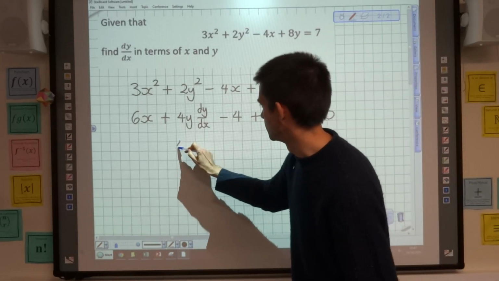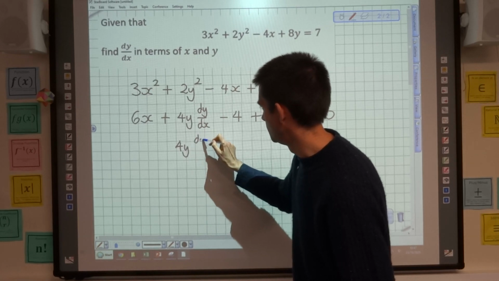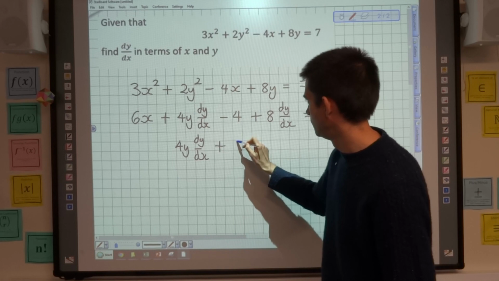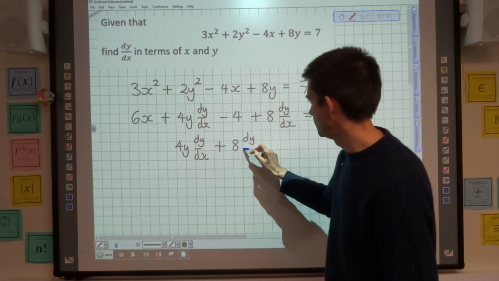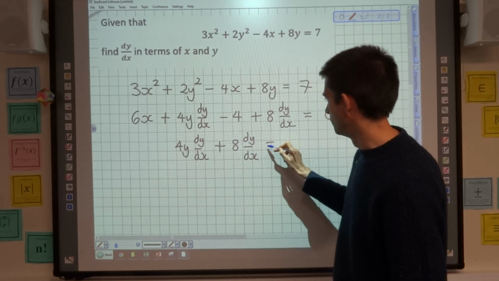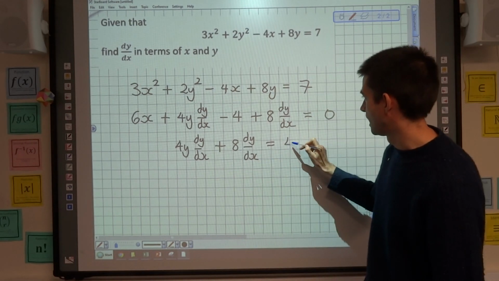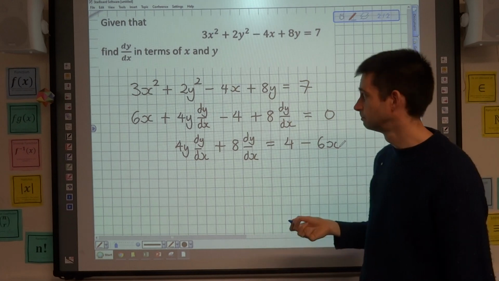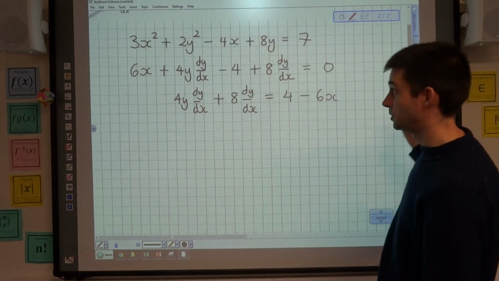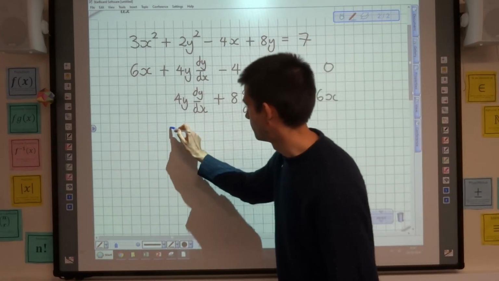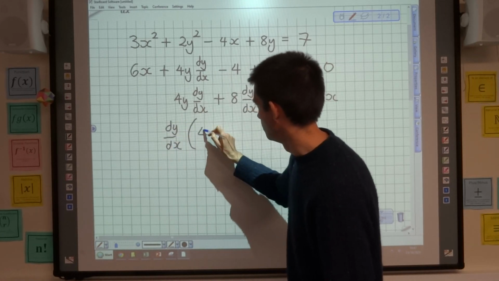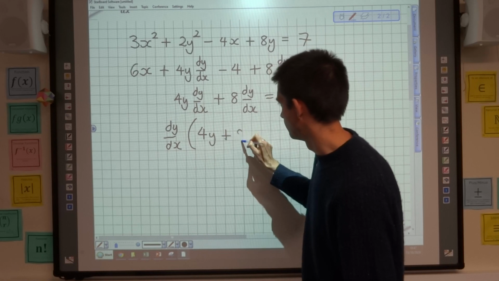So I'm going to leave the terms with a dy/dx on the left-hand side, so that's 4y dy/dx plus 8 dy/dx. And I'm going to move the other two terms over to the right-hand side of my equation, which gives me 4 minus 6x. I want to make dy/dx the subject, so I'm going to factorise dy/dx out on the left-hand side, giving me 4y plus 8 inside my bracket.